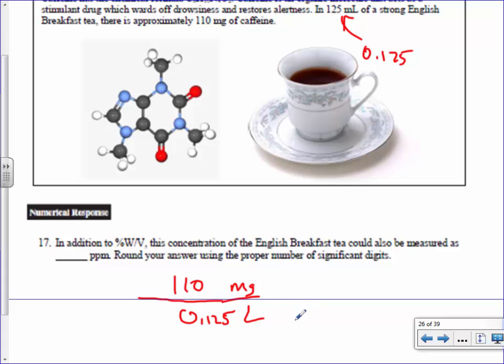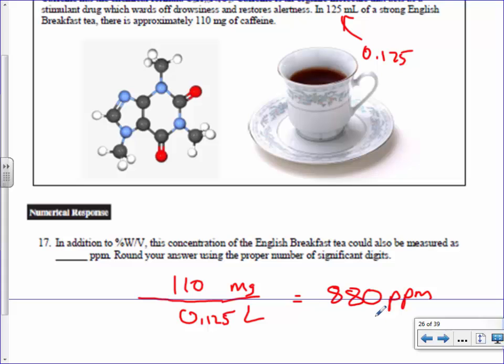And actually, that's all there is to it. Take the two numbers and just divide the two. Just make sure your units are in milligrams and liters. And this one still involves eighths. It's just now it's 880 parts per million.